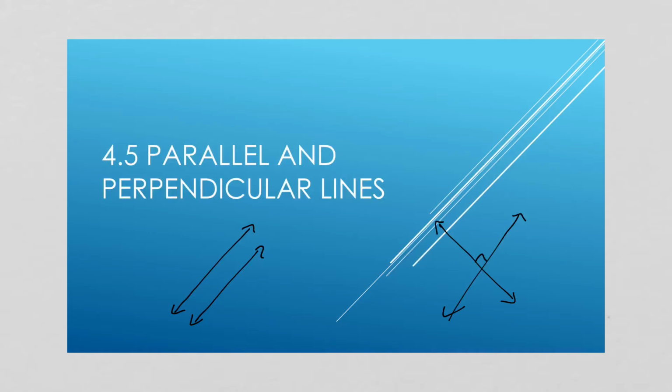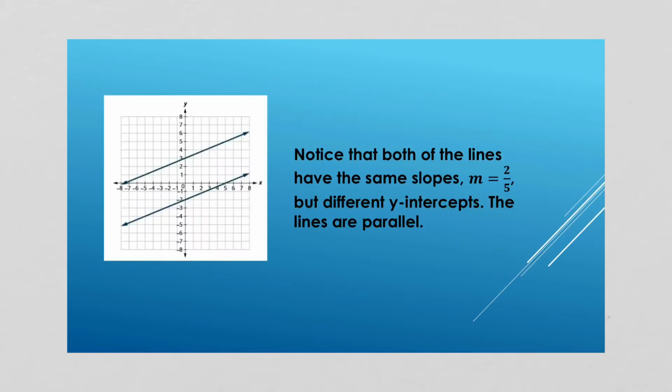Not all graphs are either parallel or perpendicular, okay? They may have angles that don't create 90-degree angles, in which case those lines just simply cross each other, all right? So I want you to realize that not all pairs of lines fall into these two very specific categories.